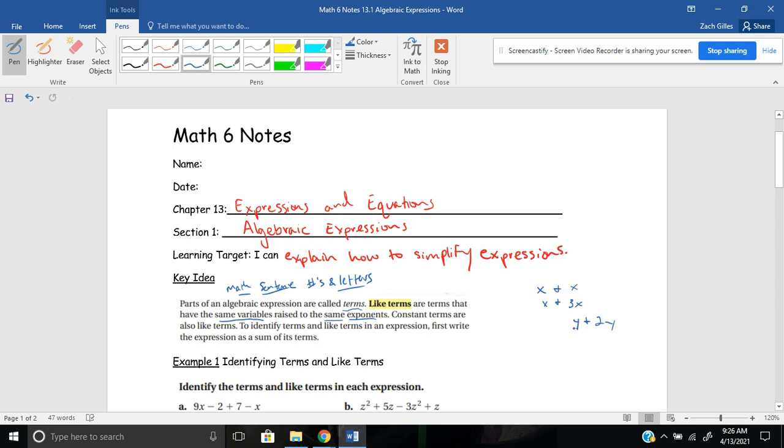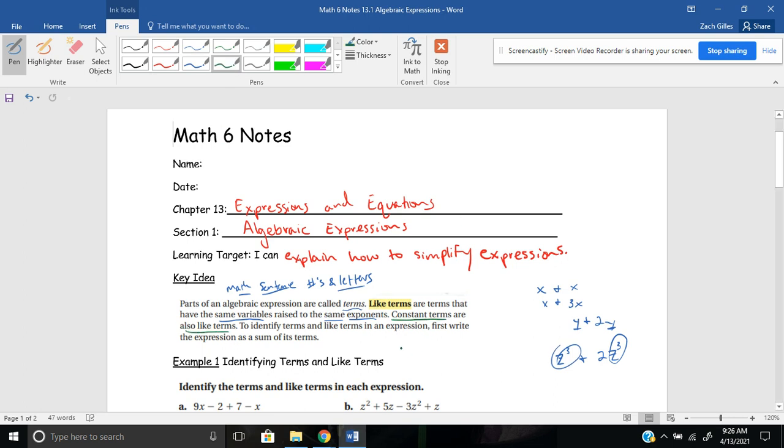They have the same variables raised to the same exponents. Notice there are no exponents. Here's another example, z to the third power and 2z to the third power. Both have z to the third power. Those are like terms.